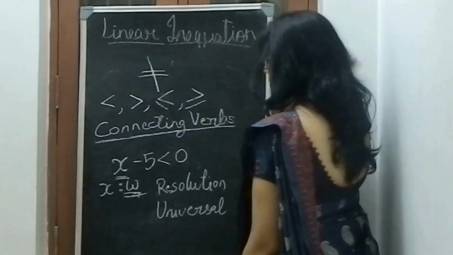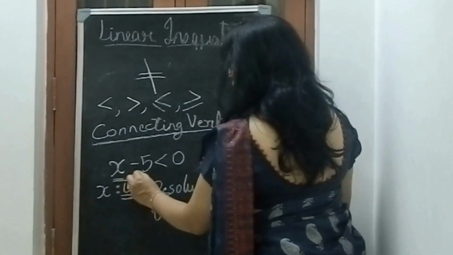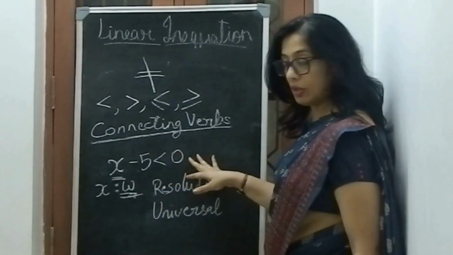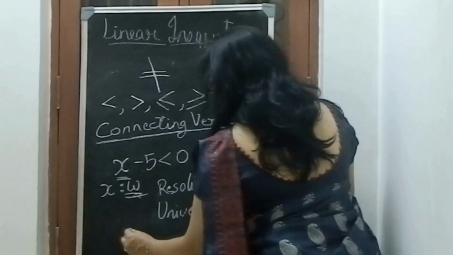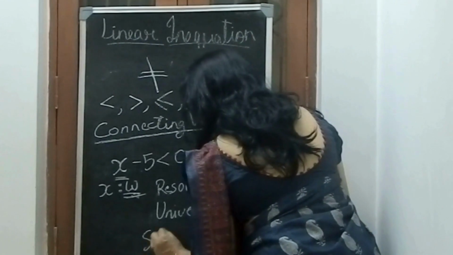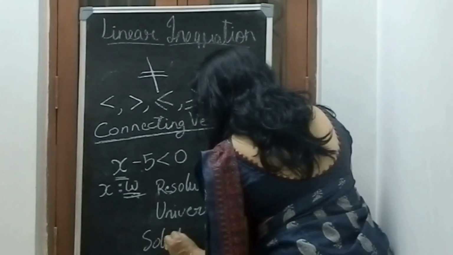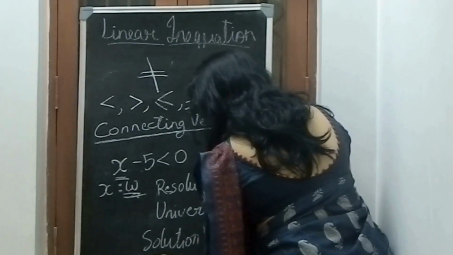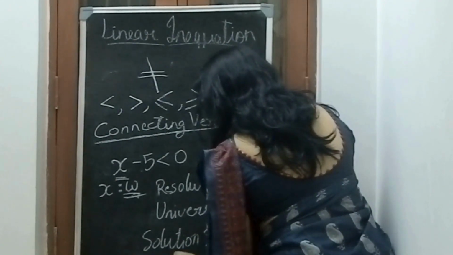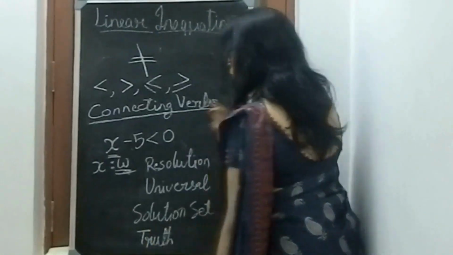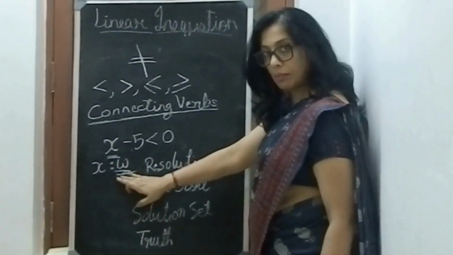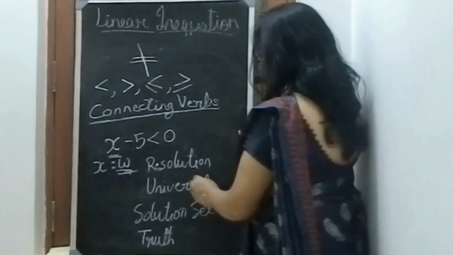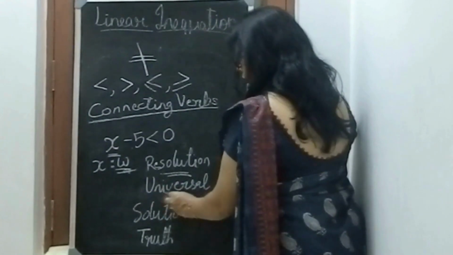Okay? Now, the answer we will get after solving this equation will be known as the solution set or truth set. So x belongs to a whole number. The set of whole numbers will be known as either resolution or universal set.